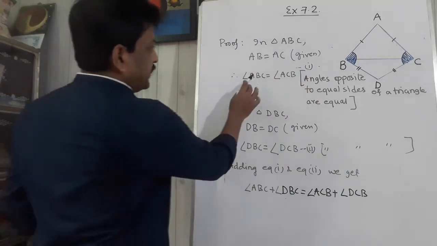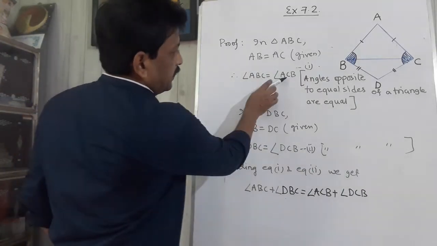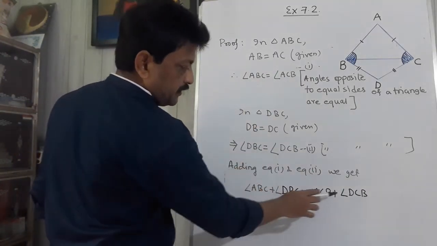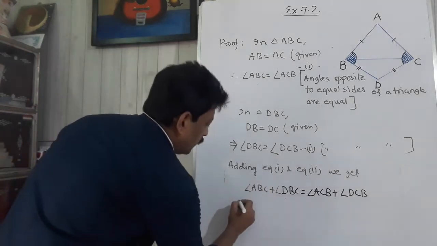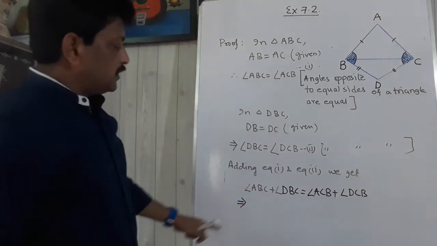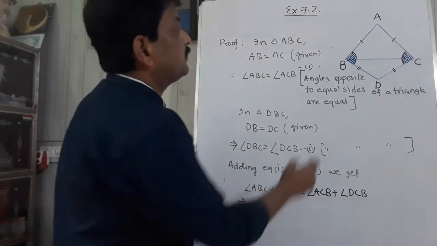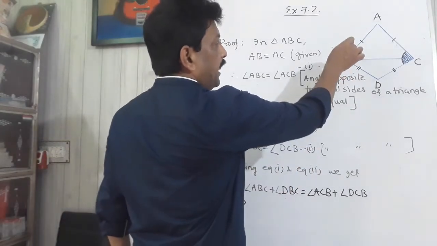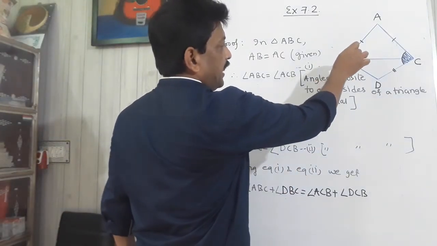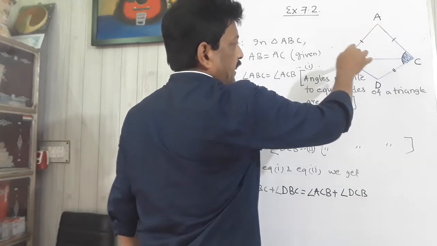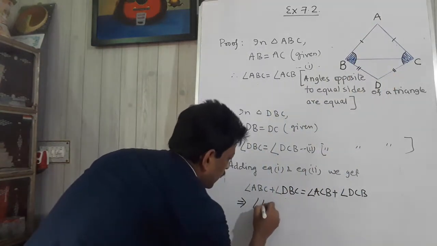Means the left hand side is added to the left hand side and right hand side is added to the right hand side. Okay. Now look at the diagram and say what is angle ABC plus DBC. ABC means this angle and DBC means this angle. So when they are added, they are forming the whole angle ABD.